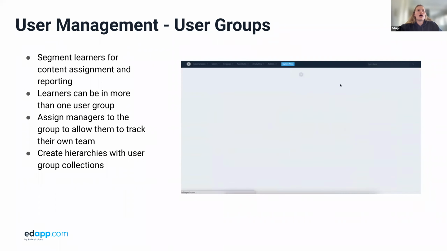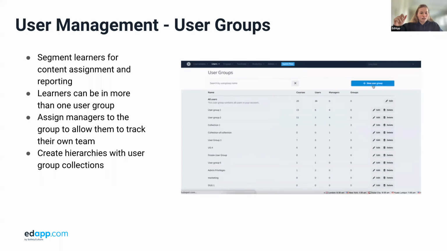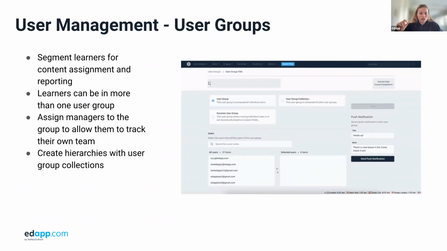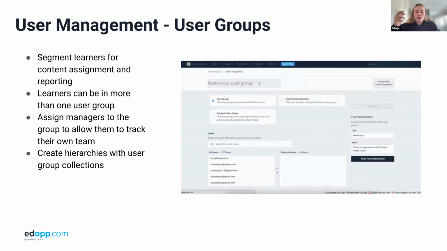The great thing about using that manager role is you can also create hierarchies within EdApp with user group collections. If you have regional managers or area managers, you can give them different access to the different tiers in order to let them see the most relevant information. So start to think about how that could work in your organization. Do you think it's per job role? Per location?